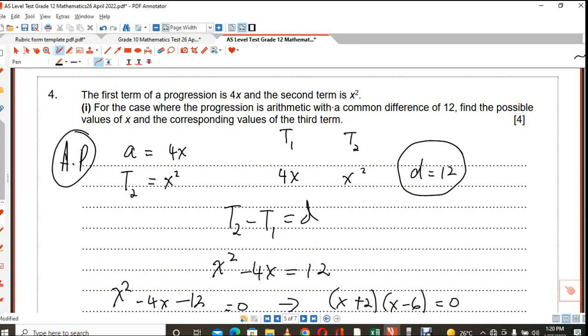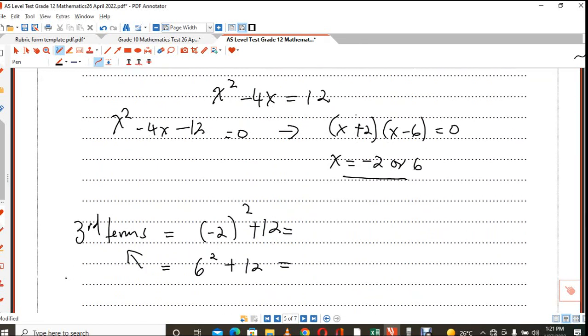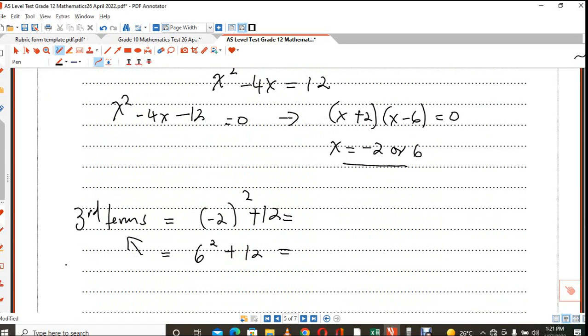4x plus 2d. But we already know what d is. 4x plus 24. 4x plus what? 12 times 2 is 24. But if I subtract, what did I do here that you say is wrong? It's supposed to be a 4 in front of the negative 2 and not the square. I don't know what's going on.